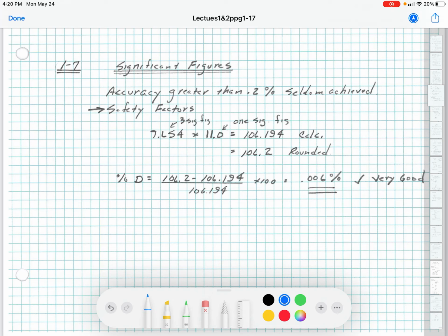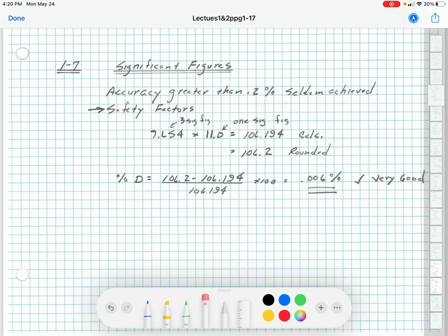If you don't need to be to 3 significant figures, because even when you use 1 significant figure, it's still within 0.06% of the 3 significant figure number, so don't worry about all those figures out there. Significant figures make it quicker on your calc, and you can have it just as accurate.